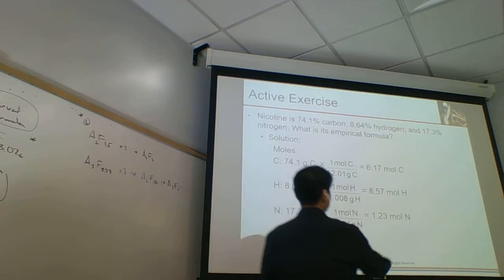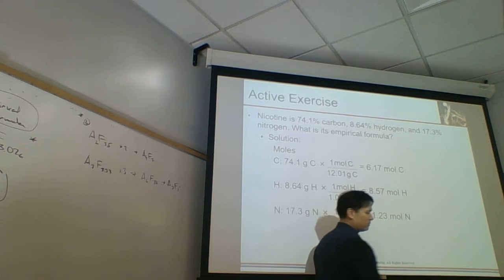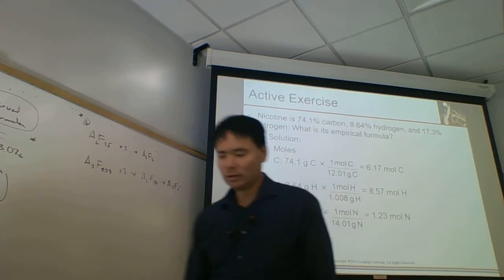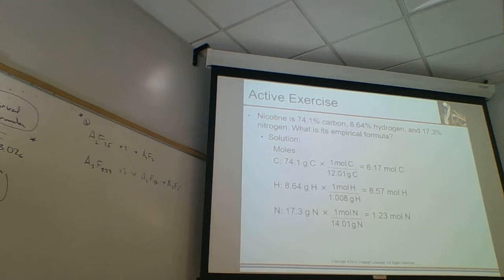It would be C 6.17, H 8.57, N 1.23, but that's not a very good ratio. We want simple whole numbers. So what's the next step here? Yeah, divide by the smallest, which would be 1.23.